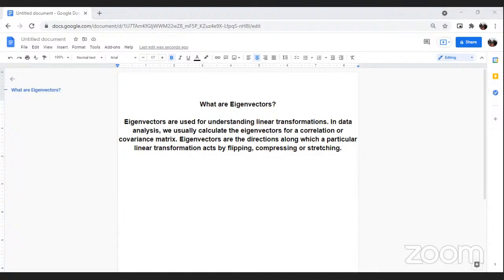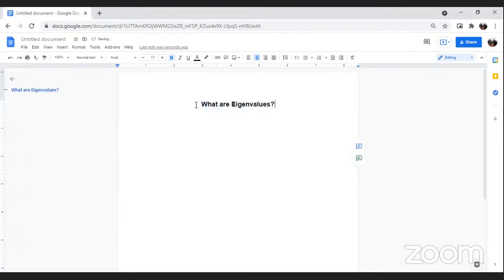Now that we have discussed eigenvectors, let's move to the next question, where we discuss eigenvalues.